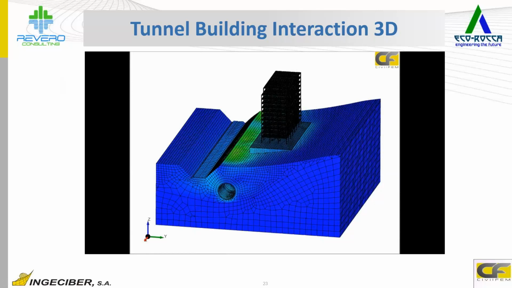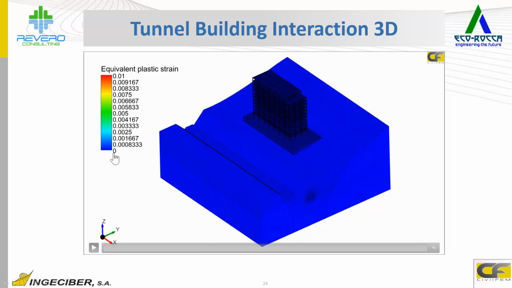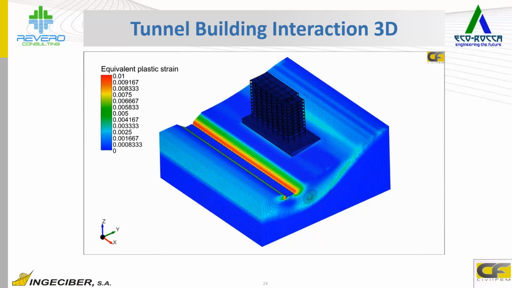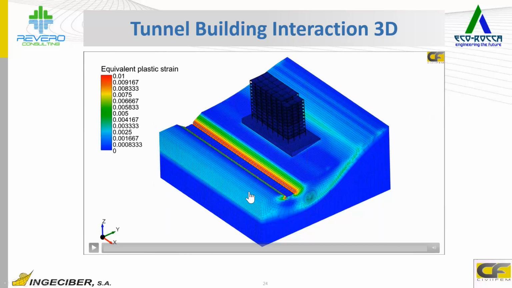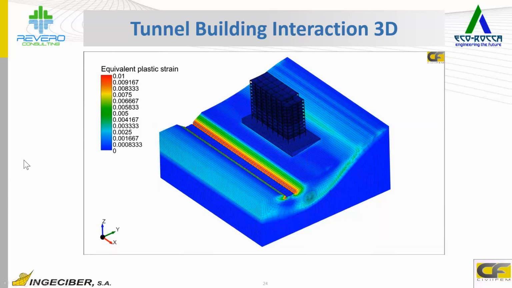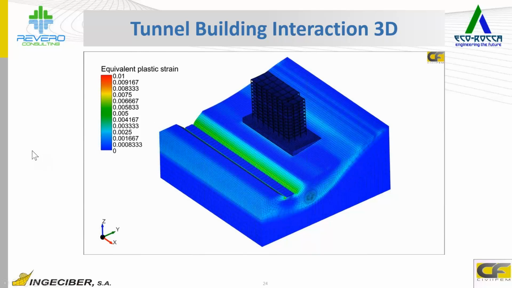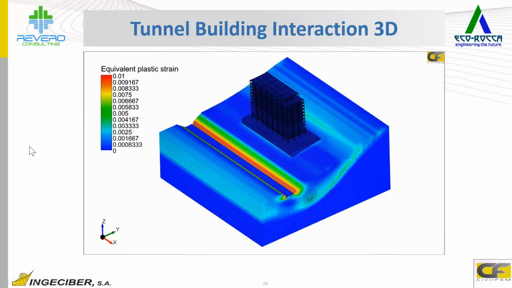On the next slide, we have the equivalent plastic strain which develops within the ground in the same tunneling process, and you see in red an area where the plastic strain is very high, which means that we have a zone where the failure can occur. Again, you see in time how the plastic strain develops and failure can occur.